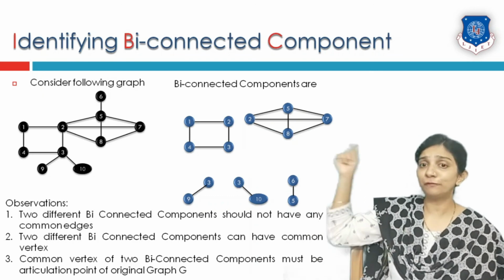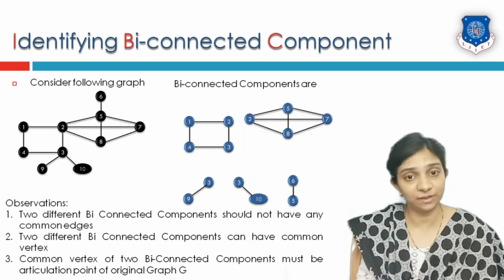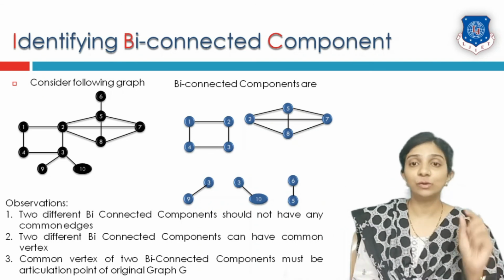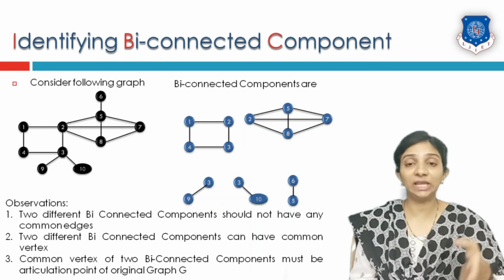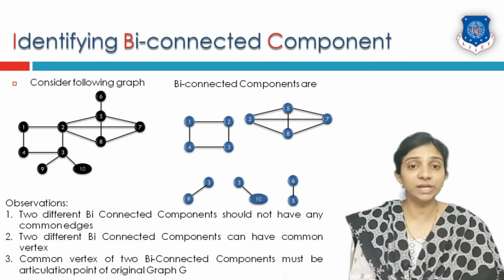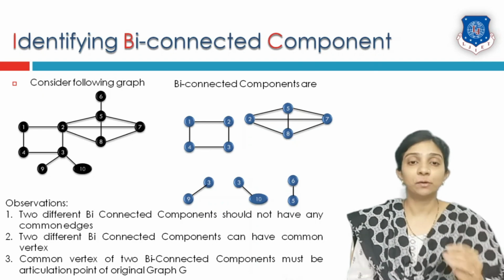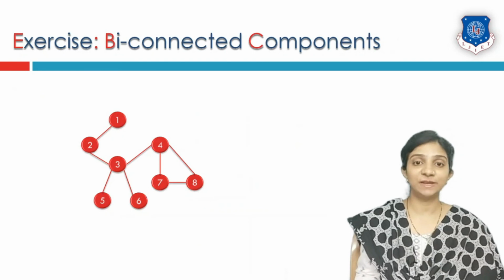The common vertex of 2, 5, 7, 8 and 5, 6 is 5, which is an articulation point. So only those vertices which are repeated or included inside different biconnected components are articulation points of our original graph. I hope this is clear to you.